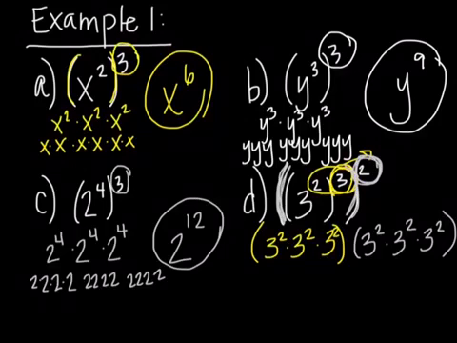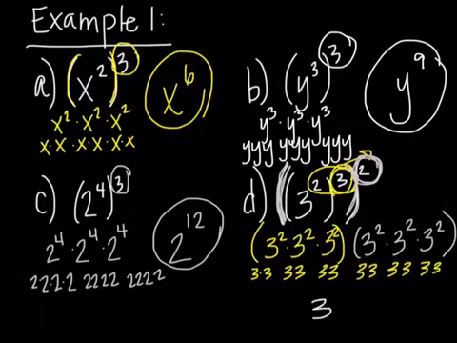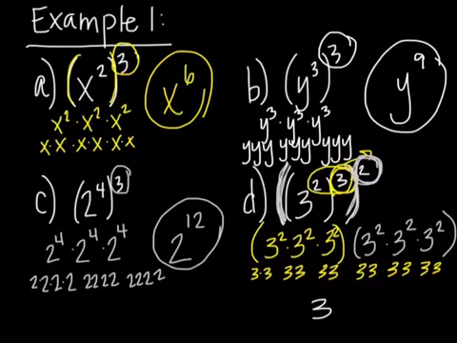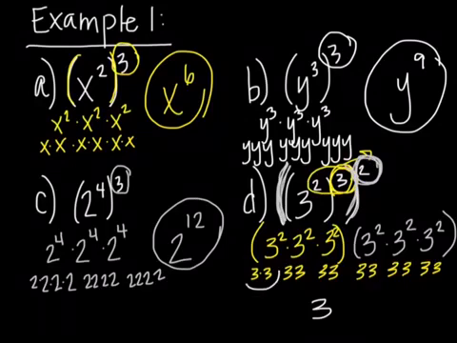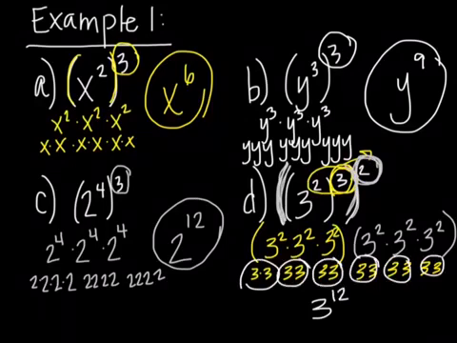Now, every 3 squared becomes 3 times 3. I can see that I will have a final answer with a base of 3. And as I look at my power, I can see that I have 2, 4, 6, 8, 10, 12 threes, so 3 to the 12th would have been my final answer.